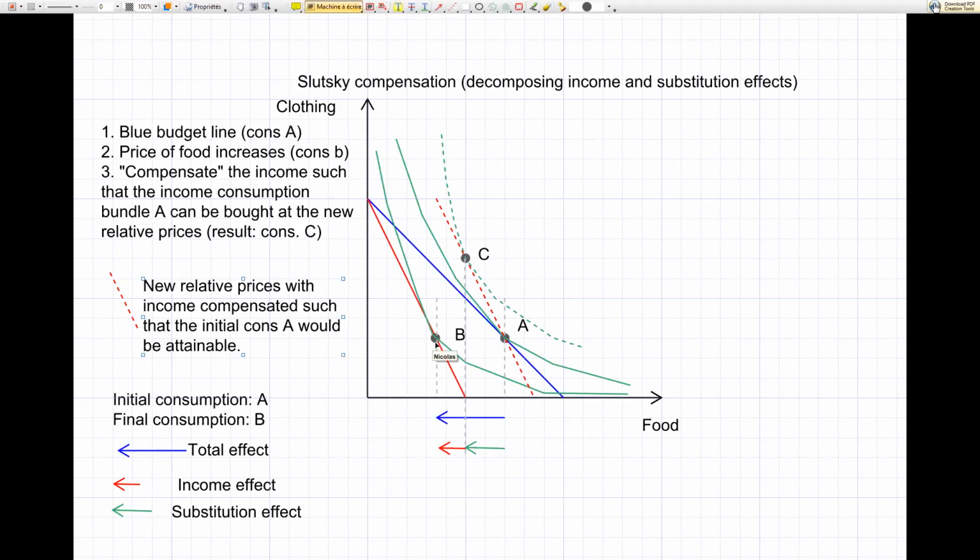Then we give the person money such that even if food is more expensive, it would be possible to consume the initial quantity of food and clothing. But we see that since food is still relatively more expensive than clothing, the person would rather switch from A to C.